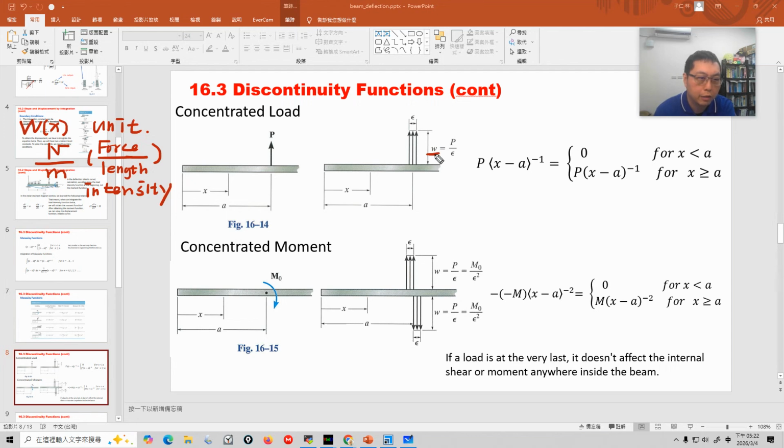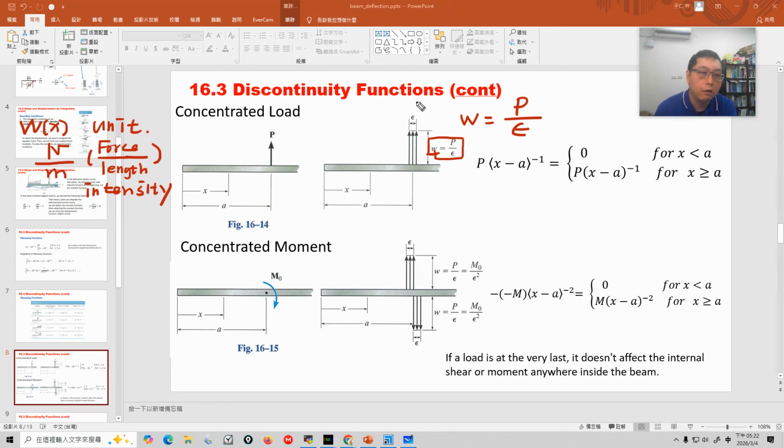That's why the slide writes P. W is equal to force divided by length, since the unit of W is intensity, force divided by length. The epsilon is a very small value.